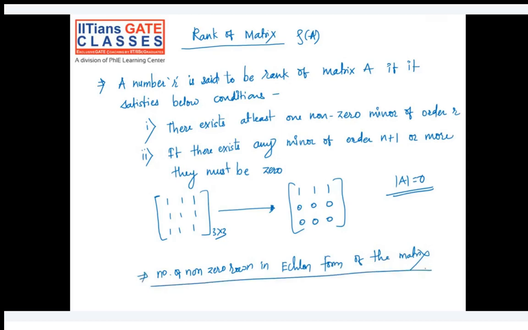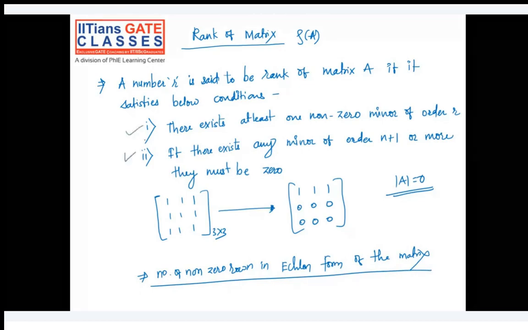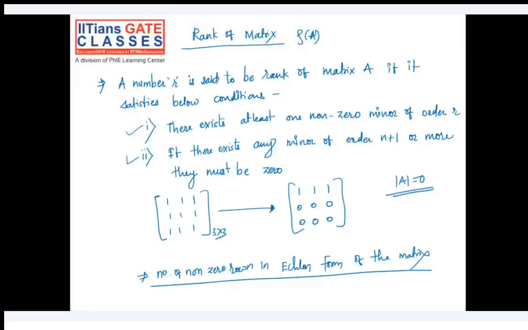You can clearly see here the number of non-zero rows is 1, because the second and third rows are 0, so only one row is non-zero, the first row. So the rank of this matrix is denoted by rho of A, or you can also write it as R, and the value is 1 in this case, because the number of non-zero rows in the echelon form of the matrix is 1.